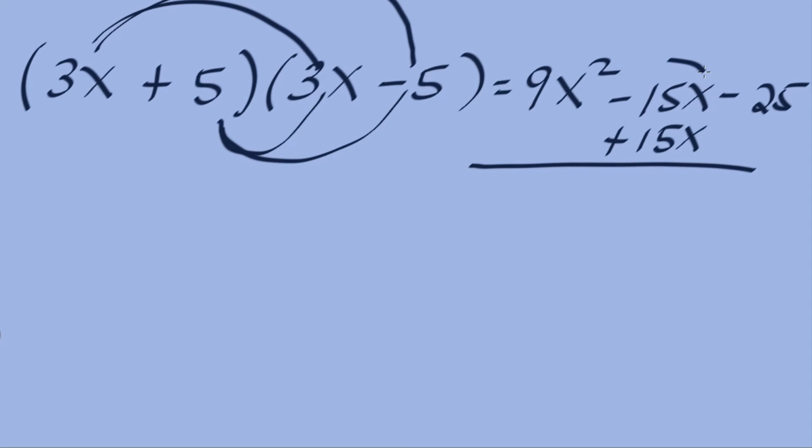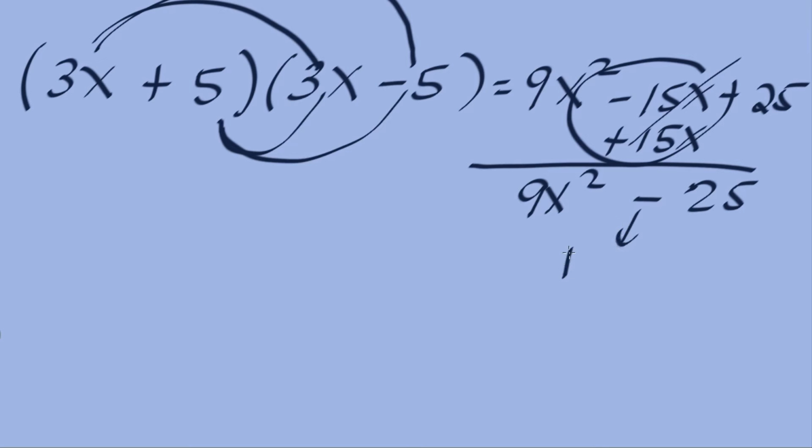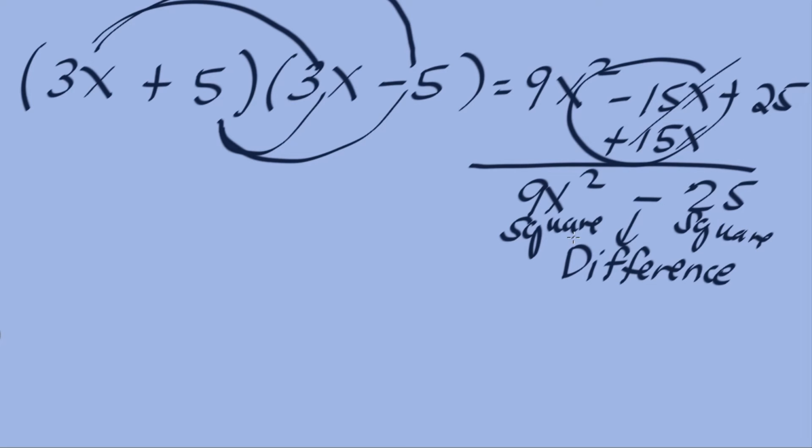Again, the middle terms will cancel out. So now we have 9x squared minus 25. So once again, we have this difference of two squares. 9x squared is a perfect square. 25 is another perfect square. So difference of squares is the result of multiplying the sum and then difference of the same number.